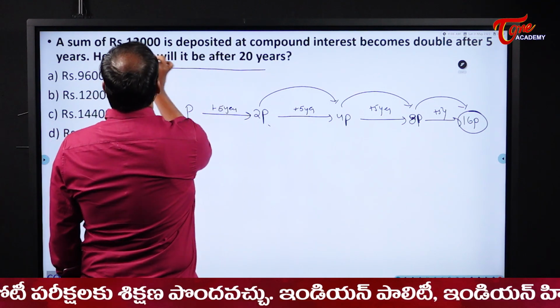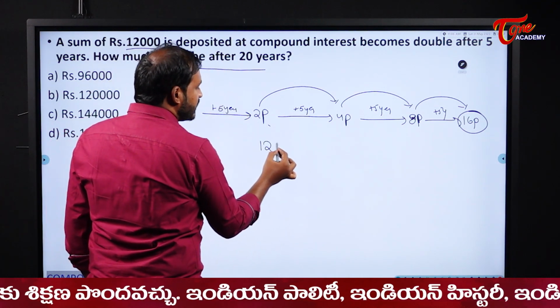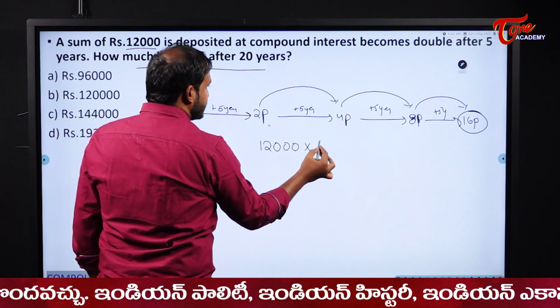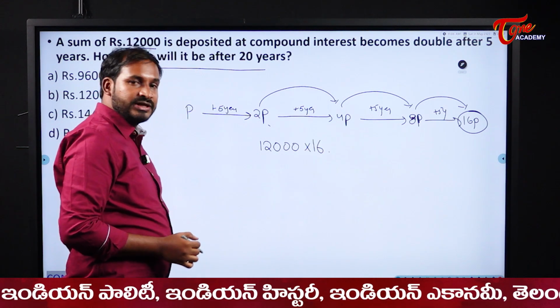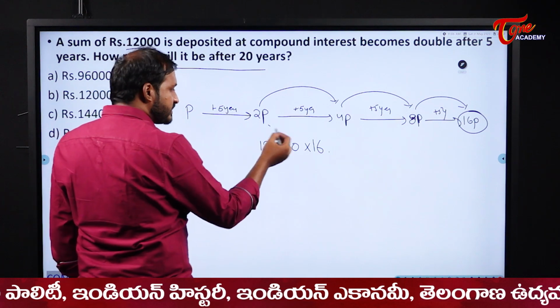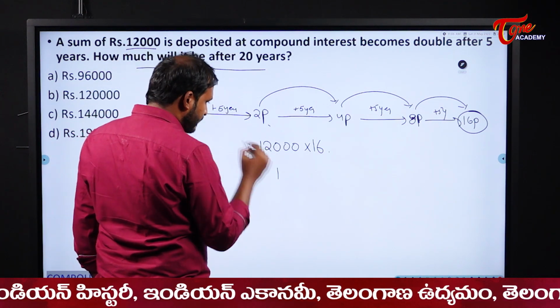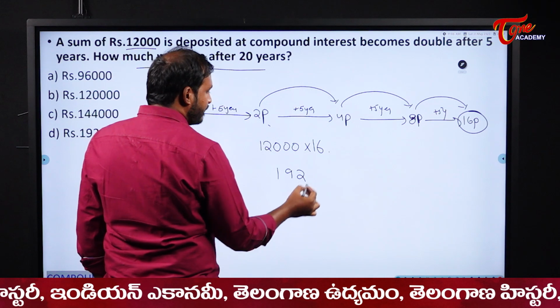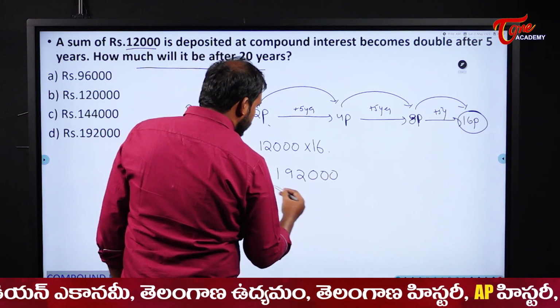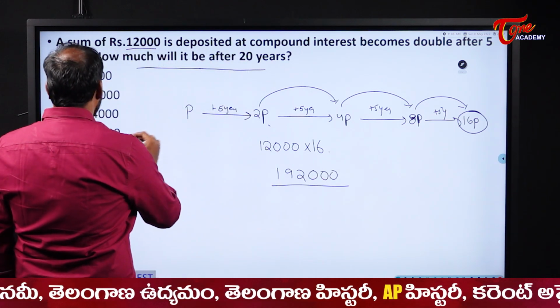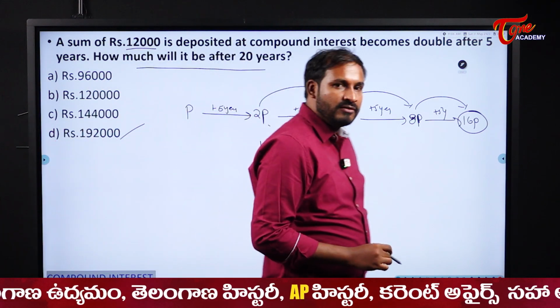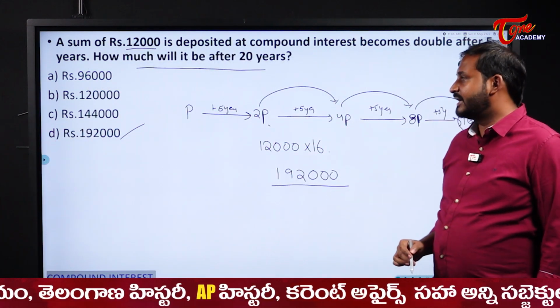So, what is 1 time? 12,000. So, 12,000 into 16. 12 sixes are 192 and 3 zeros. So, it will become 1,92,000.